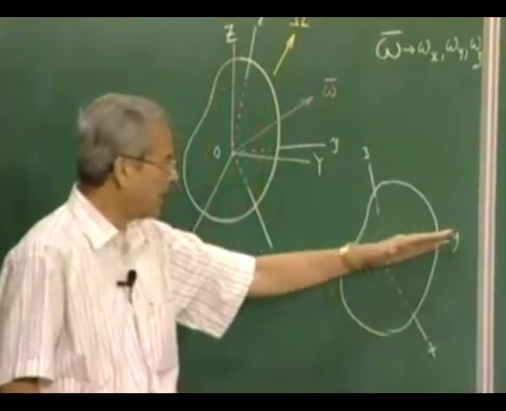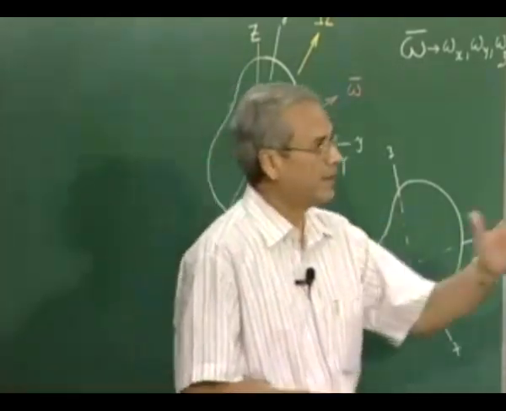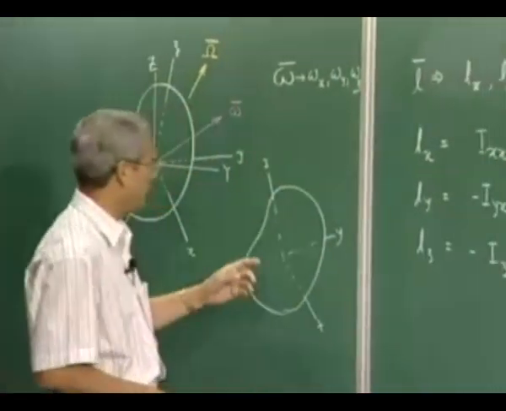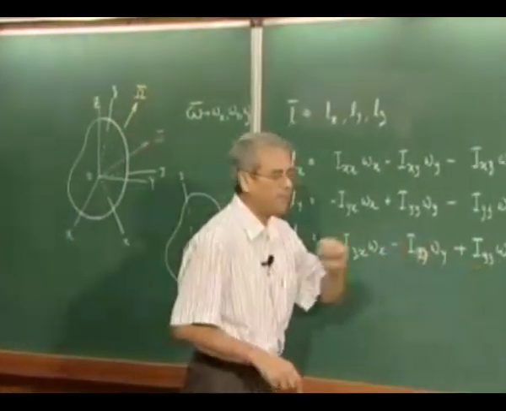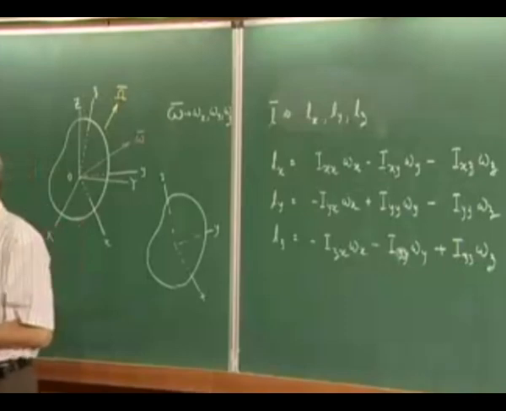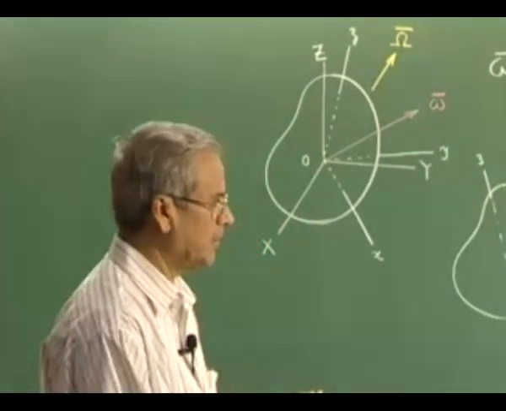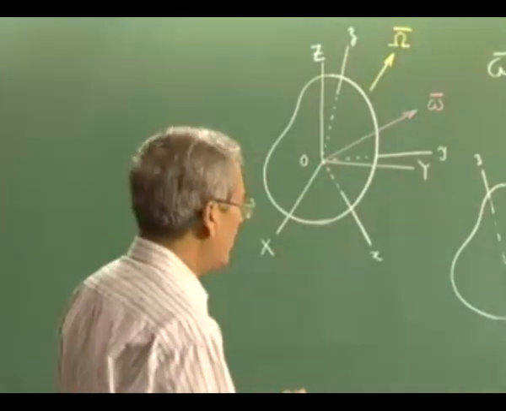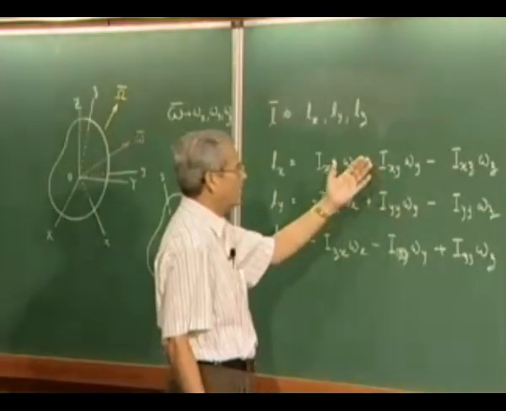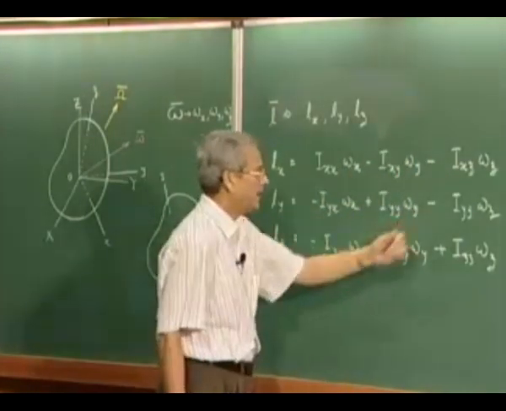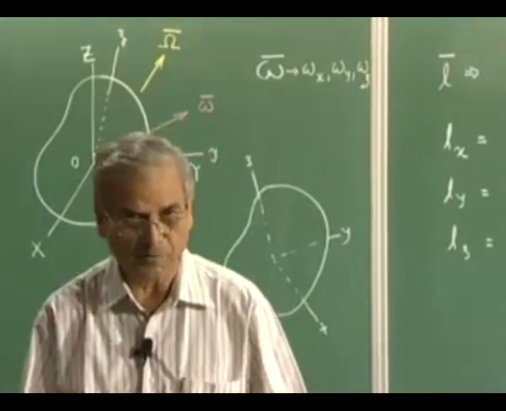The moment of inertia for rotation about axis y is Iyy, and for rotation about axis z is Izz. These were familiar terms. We have seen the concept of moment of inertia even in plane motion of rigid bodies in our dynamical courses. However, these quantities Ixy, Ixz, Iyz are something new which you have not encountered before, and they are called the product of inertia.